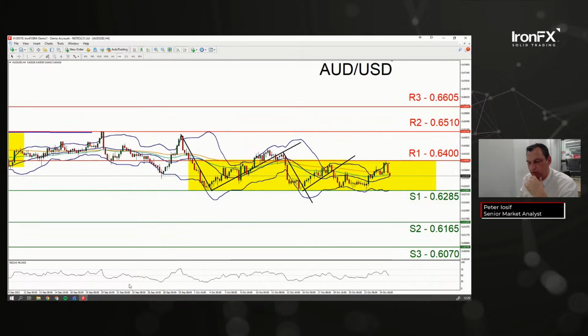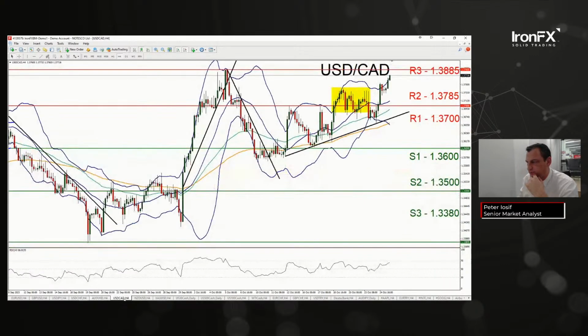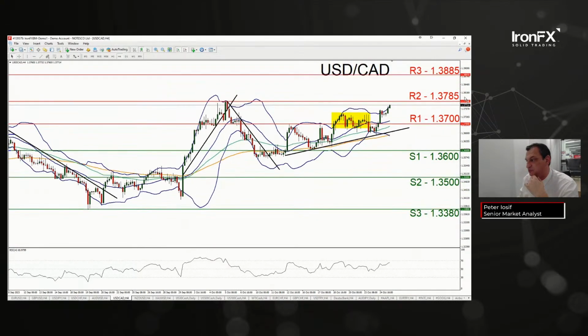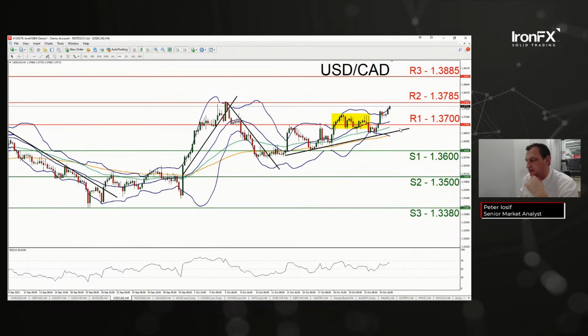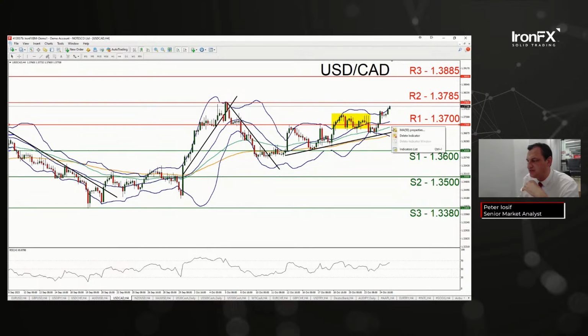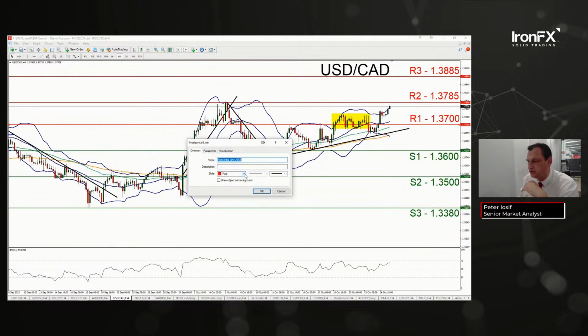Okay, let's have a look now at USD/CAD. USD/CAD has been on the rise, and this is a decisive move upwards, which should not be neglected. Definitely, the R1 has been breached, the 1.37, and now turns into a support line. Let's color this in green.